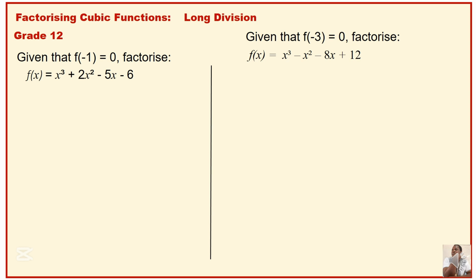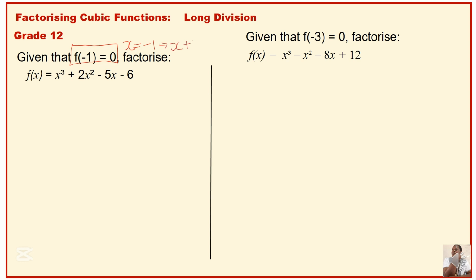Now, I have information provided here which says f of negative 1 is equal to 0. If f of negative 1 is equal to 0, what it means is that the value of x is equal to negative 1. And this negative 1 put in brackets as a factor of f of x will give us x plus 1.